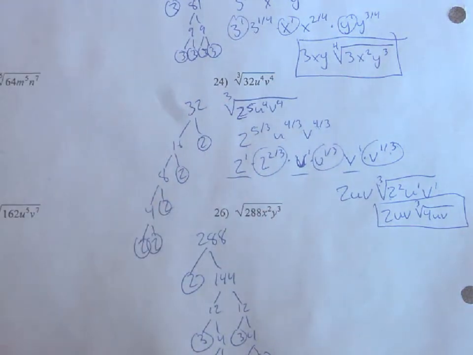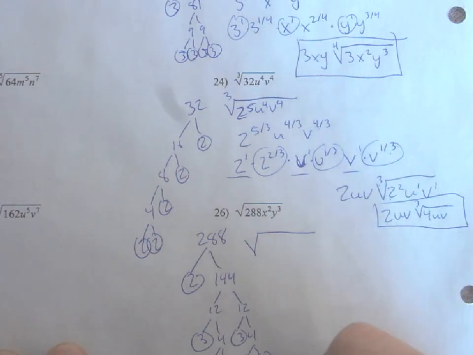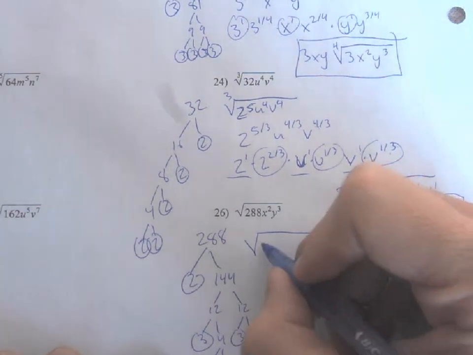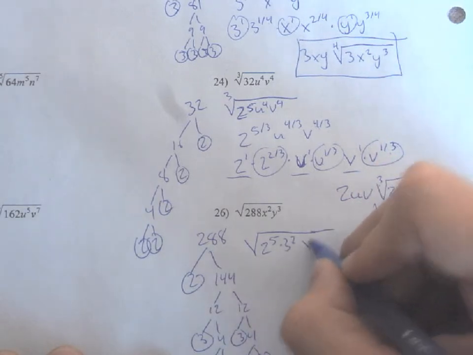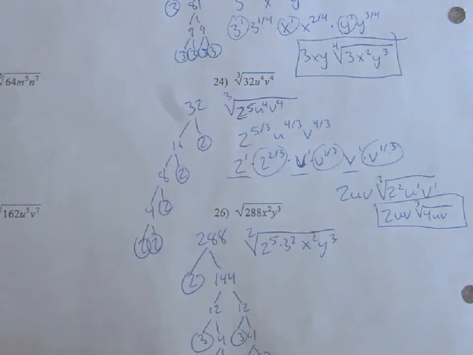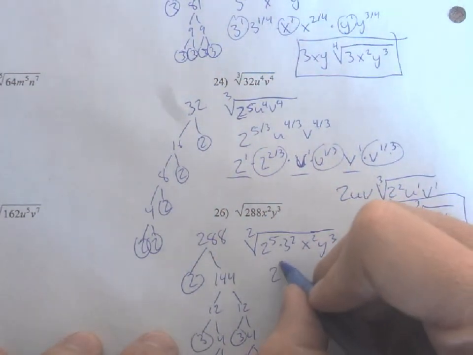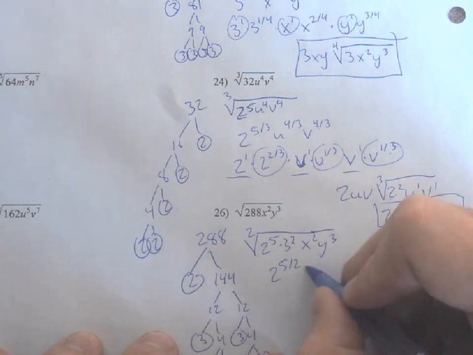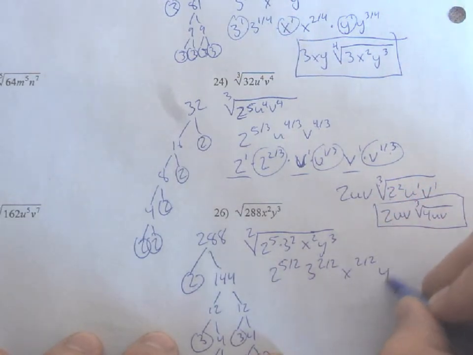And this is a square root. So we got the square root of, let's see, count again, 1, 2, 3, 4, 5: 2 to the 5th, 3 to the 2, x to the 2, y to the 3. Remember, this is the square root. I'm going to put a 2 there. That's our denominator. So going back to rational exponent form, we got 2 to the 5 halves, 3 to the 2 halves, x to the 2 halves, y to the 3 halves.